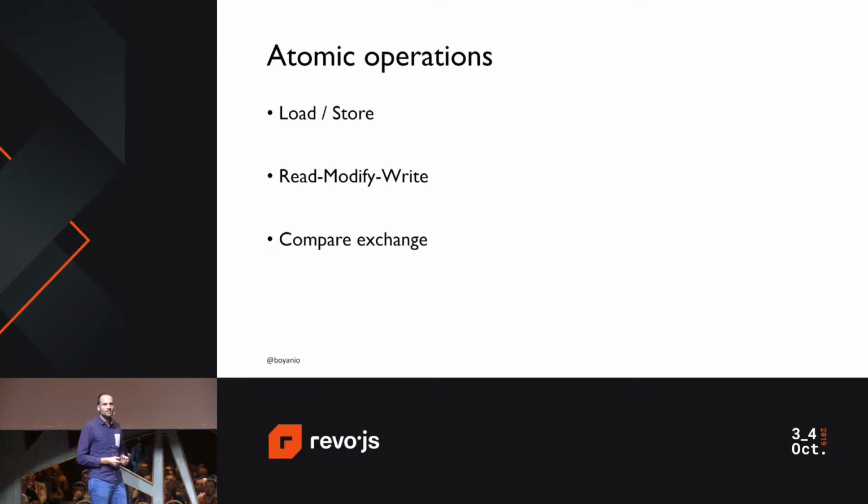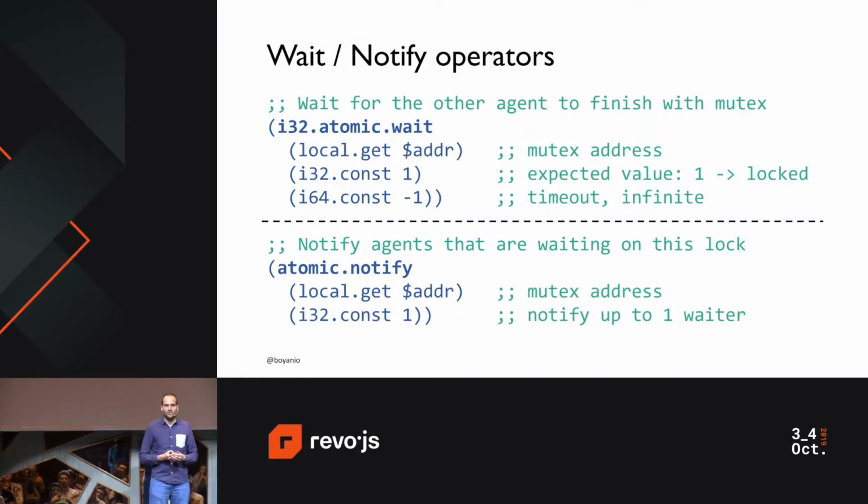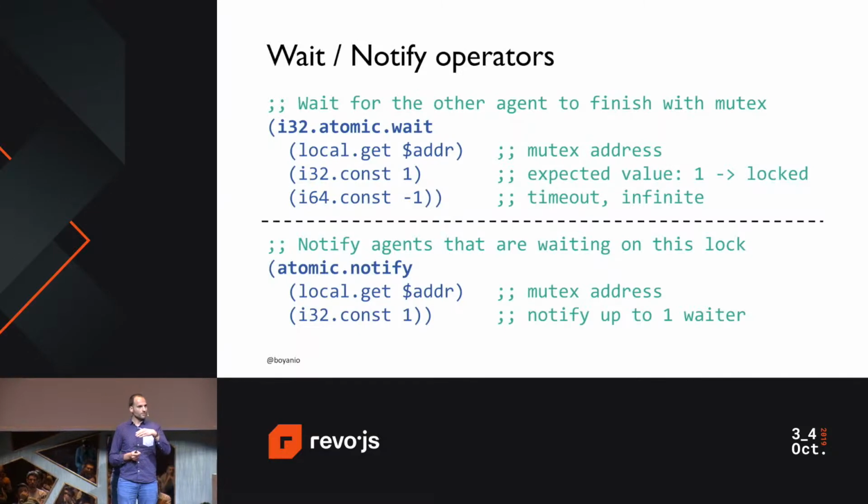So with these atomic operations, we can perform operations on the shared memory in a race-safe manner. And then the last set are the wait and notify operators that allow us to suspend the thread and then wake it up later when we need it. We can call this atomic wait and atomic notify, giving it the same address in the memory which will be used for that.